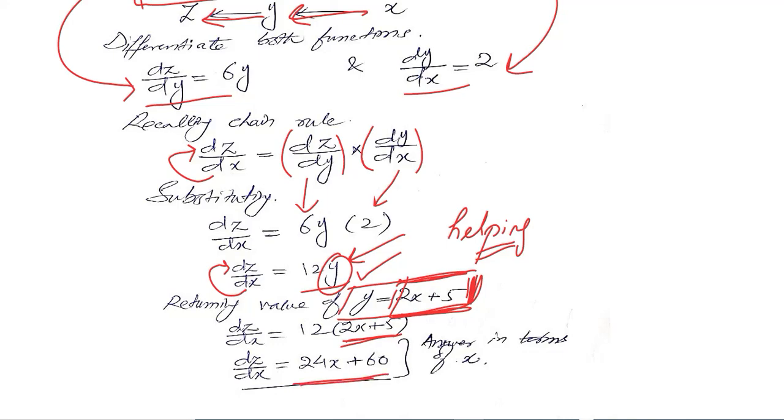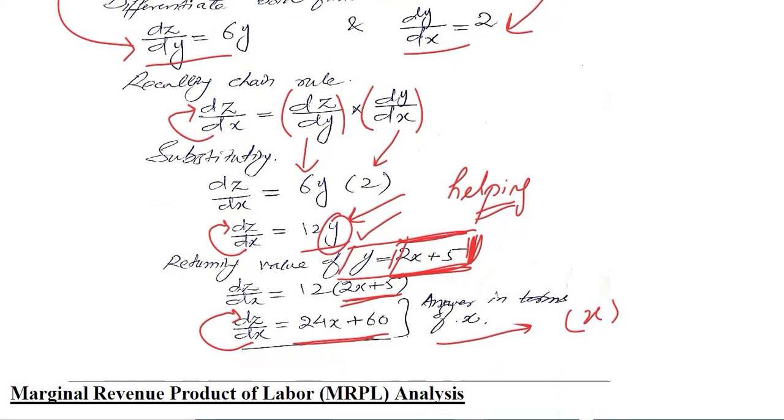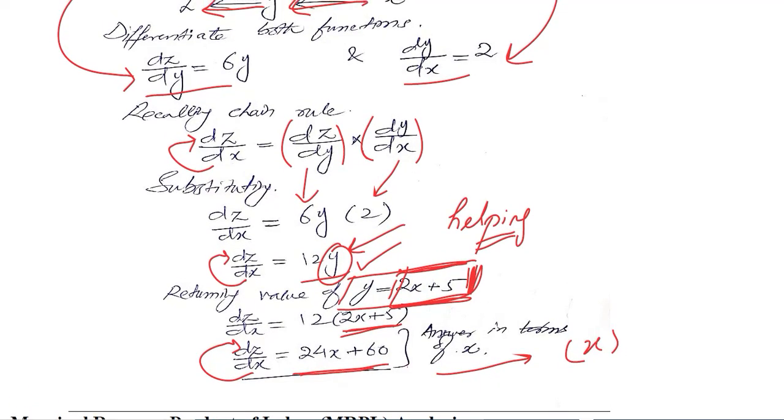Now we are satisfied with the answer because it is telling us about the effect of x on z and not the effect of y on z, or any answer which is in terms of y. So the answer now is in terms of x, which is acceptable. So in this way, the chain rule can be applied in a situation where there are multiple functions and definitely more than two variables, and there is indirect dependence of the first variable on the last variable, whereas in the middle there can be other variables.